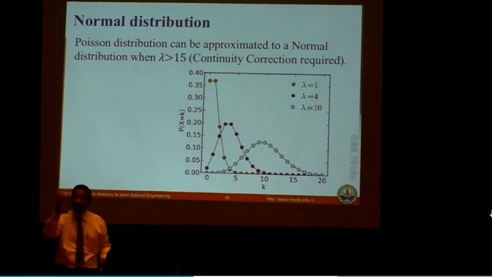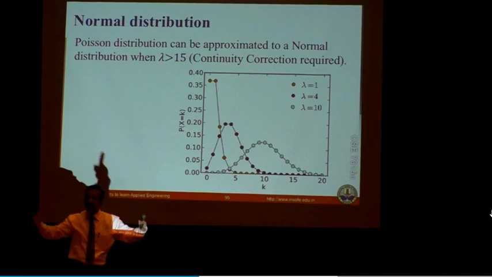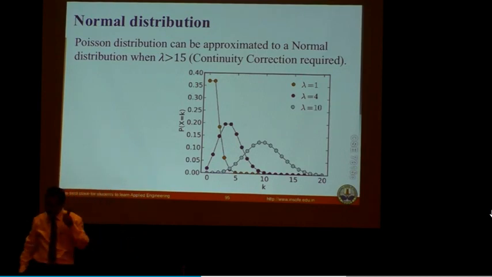In the normal, I was trying to understand the area to the left of some value. So that is what I am normally interested in, some value in the distribution. For geometric, the expectation was 1 over p, and the variance was q over p squared.